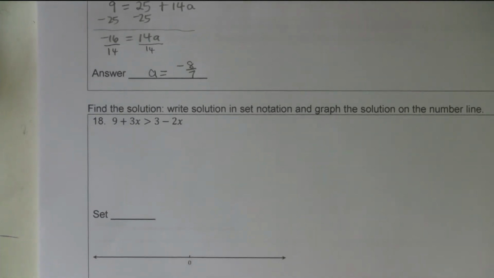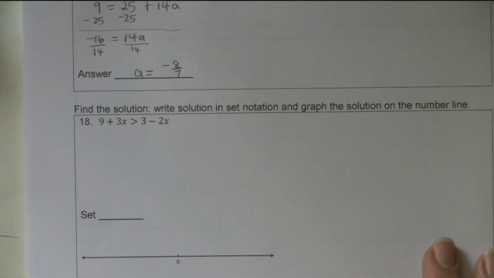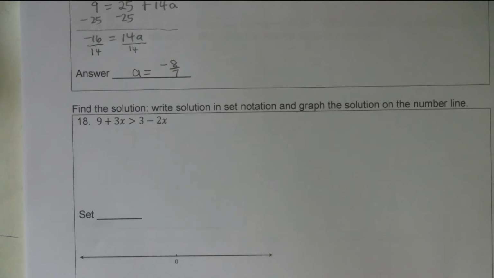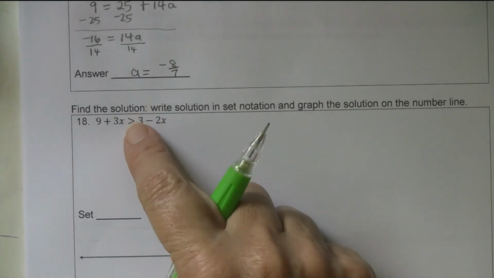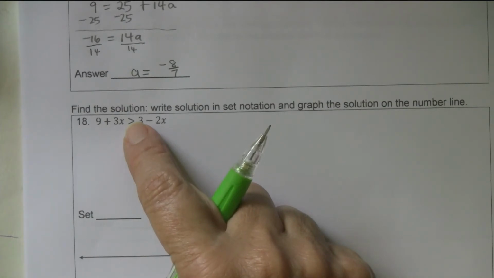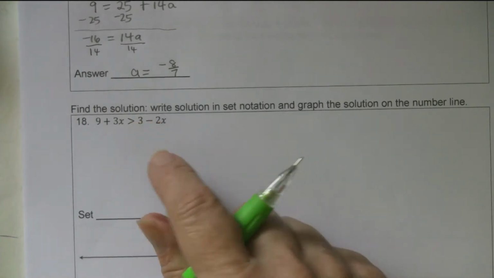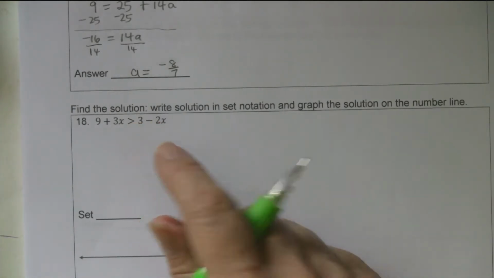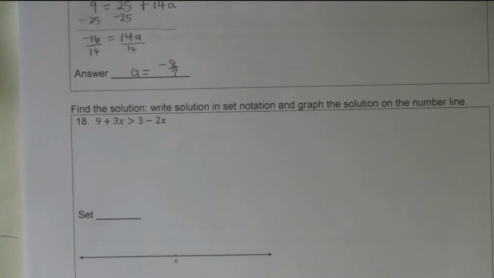This is a problem from 1.8, I believe it is 1.8. And so they have the inequality, but you go just like you were going for if it had been equals. So I want to get the variable on one side and the numbers on the other. And it doesn't matter what side you put things on.